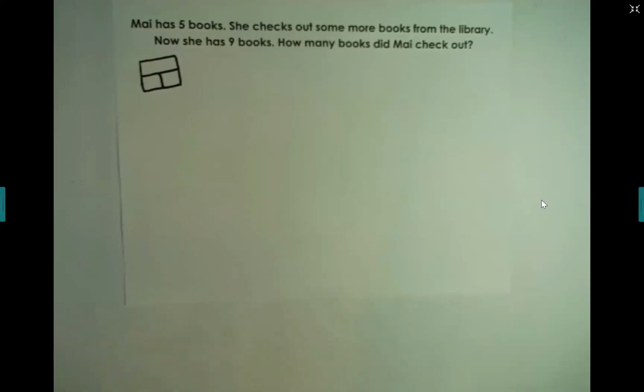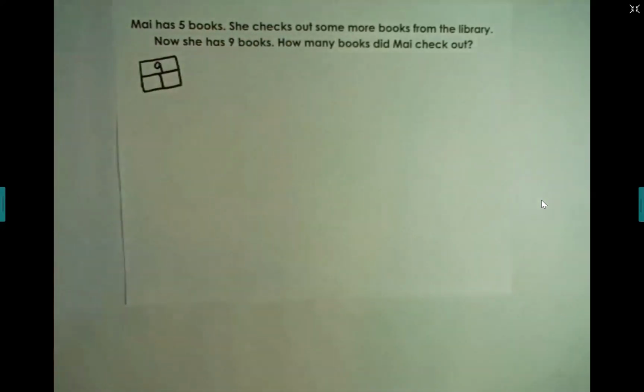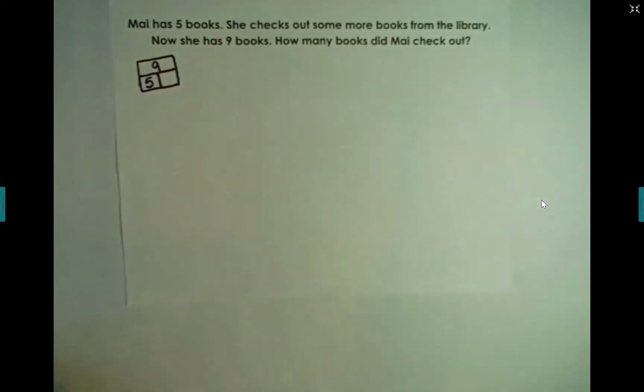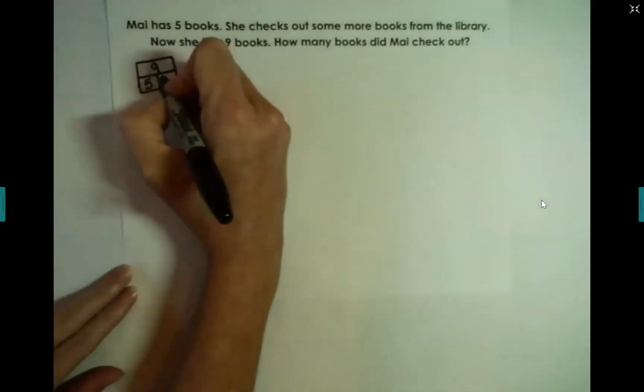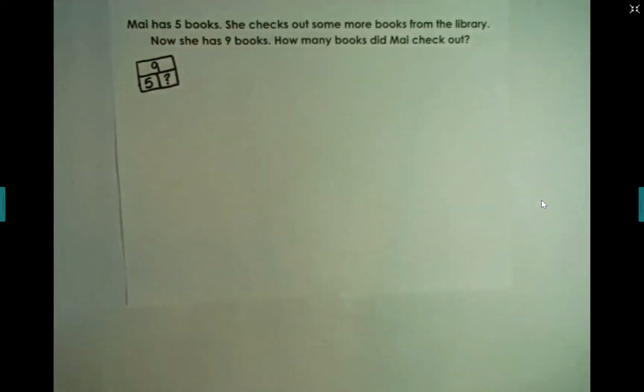I do know that now she has a total of 9 books. So those 9 books that she has now is the whole amount, or the total. May started with 5 books. So my unknown here is one of the parts. That part represents the number of books that she checked out from the library.